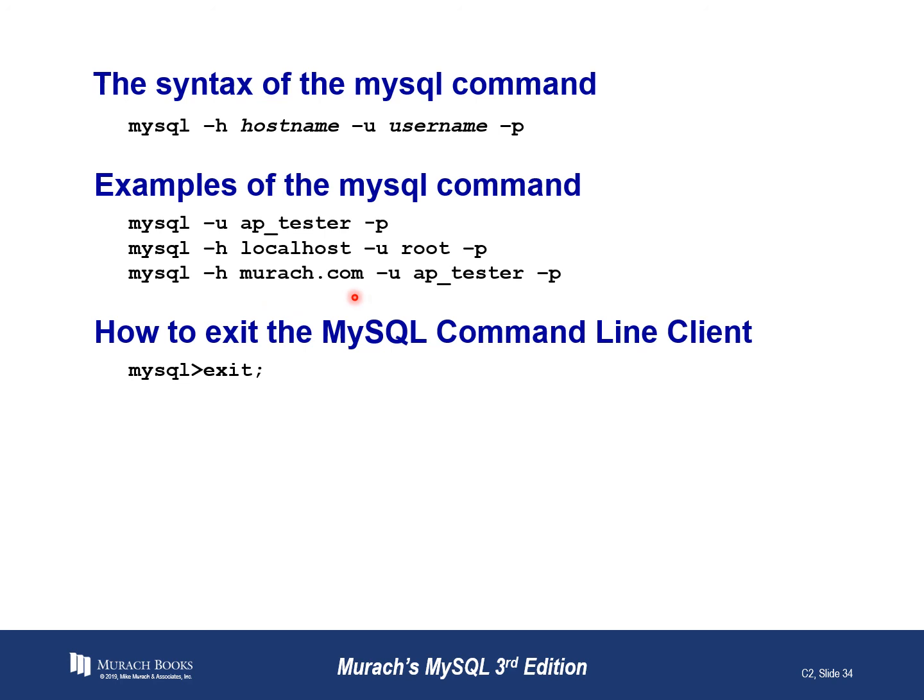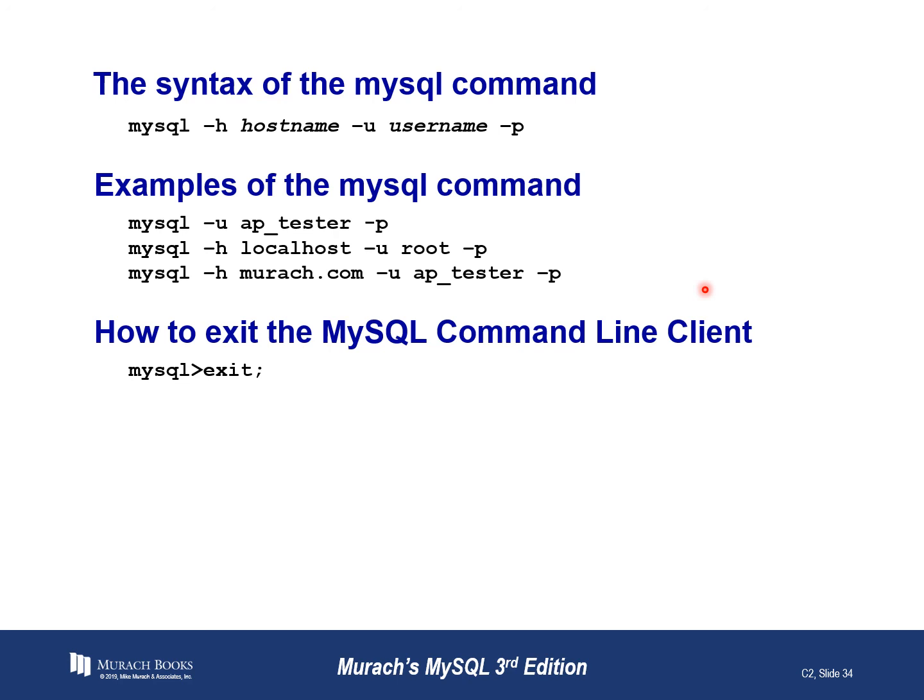Again, remember the network can be the internet, right? In our examples, like the ones that we have seen so far, it was all localhost. But in this example, this is a remote server. And then you can use -u, which is the username. And then it will ask for the password in the next line if you do -p. But if you're just using the MySQL client from the Windows Start menu, as I showed in the last slide, then it will directly prompt you for the password.